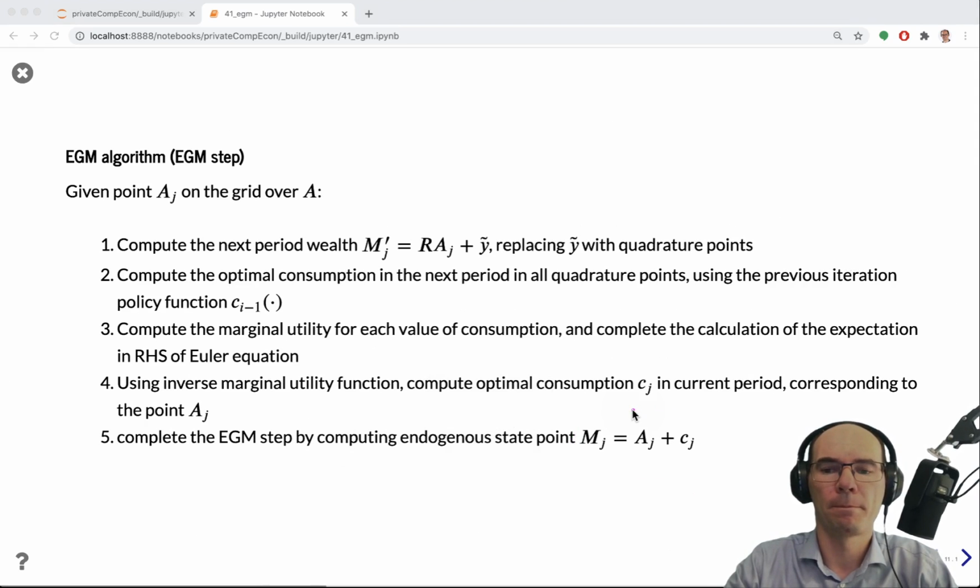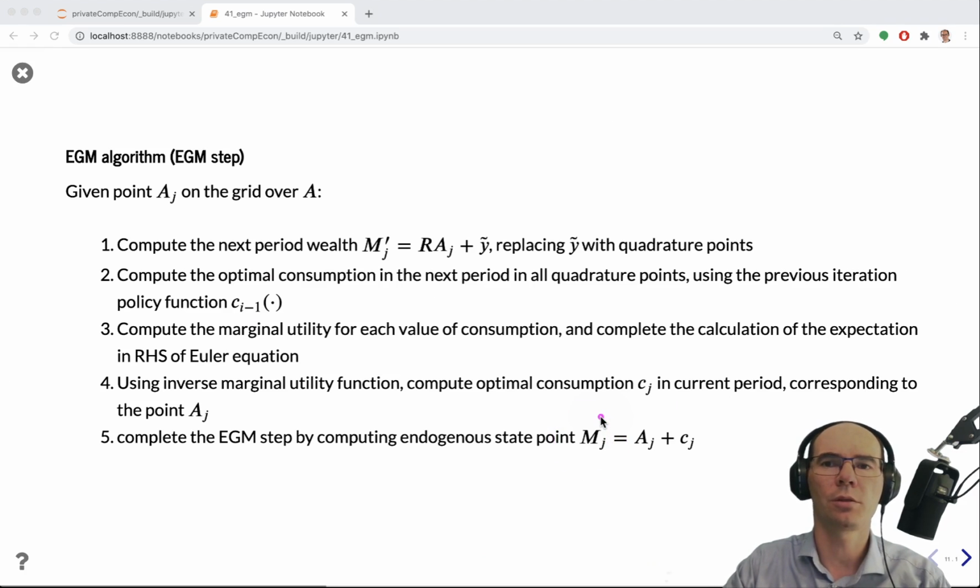Now, this grid point, this point m_j, is going to be endogenous in the sense that in different iterations, these points may be all completely different, because this depends really on the consumption function that we've calculated on the previous iteration. And the consumption functions will be updated. And so while the grid over A is not moving, is not changing, the c_j's that we compute from the inverted Euler equation will be changing, and so the m_j's will be changing as well.